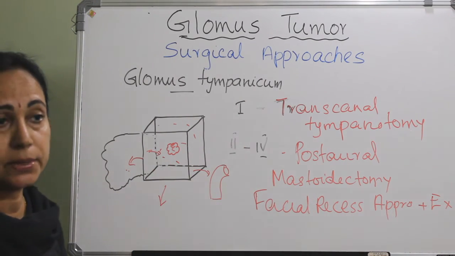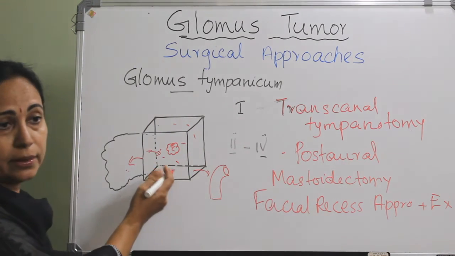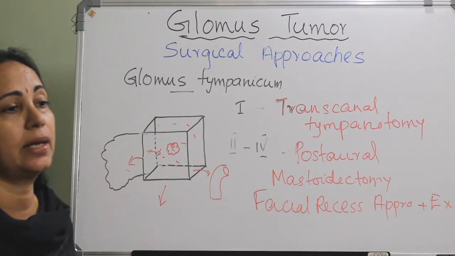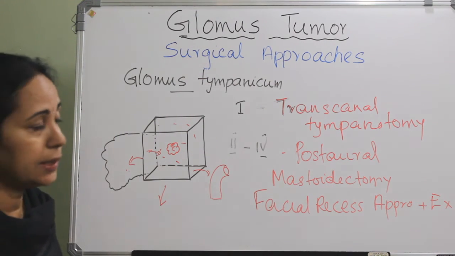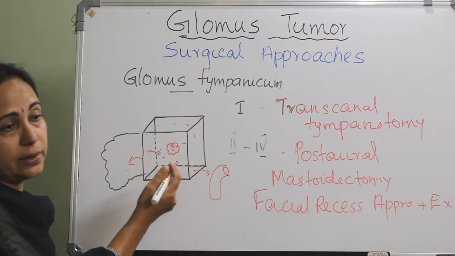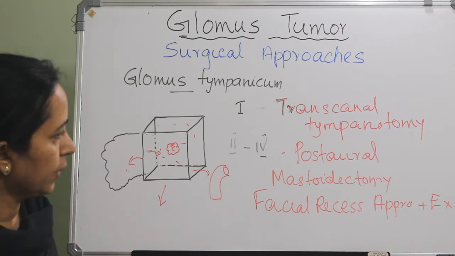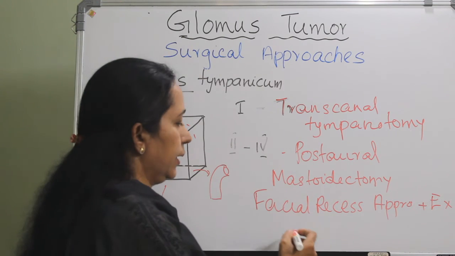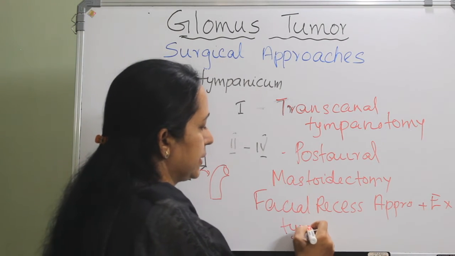Even if the hypotympanum is involved, in some cases we have to drill the tympanic ring at the inferior aspect, but the external auditory canal as such is not drilled that much. In hypotympanic masses, we can drill the inferior part of the tympanic ring. After removal, the hearing is reconstructed by tympanoplasty.